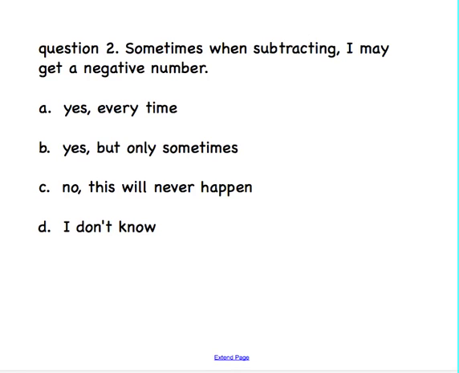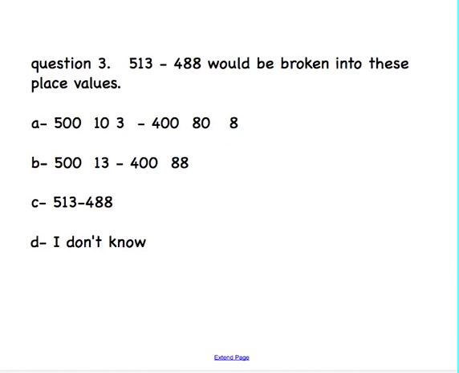Sometimes when subtracting, I may get a negative number. A, yes, every time. B, yes, but only sometimes. C, no, this will never happen. Or D, I don't know. If you need to go back and watch the video at any time, please do so.